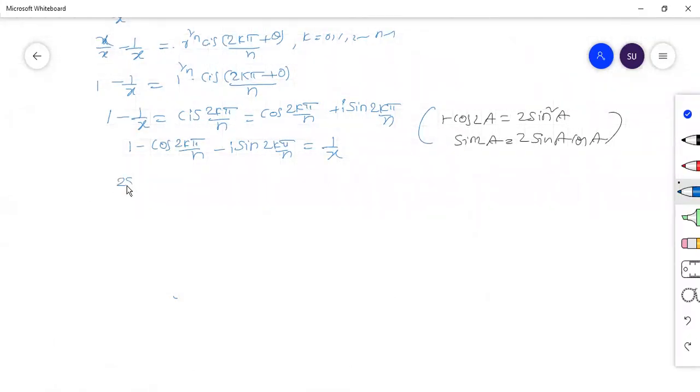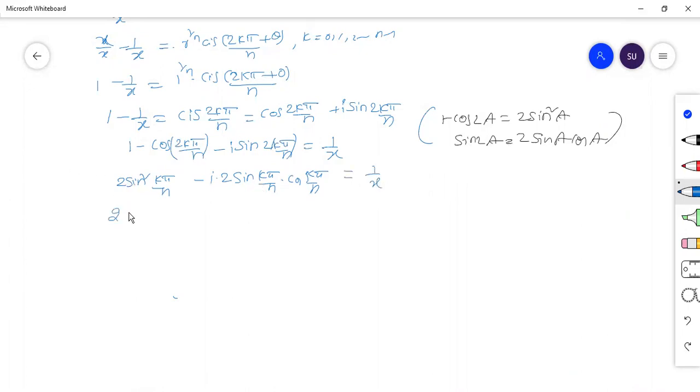So 2 sine square kπ by n minus i into 2 sine theta cos theta, using the sine 2a formula; this is in the form of cos 2a, so we are using these formulas, is equal to 1 by x.